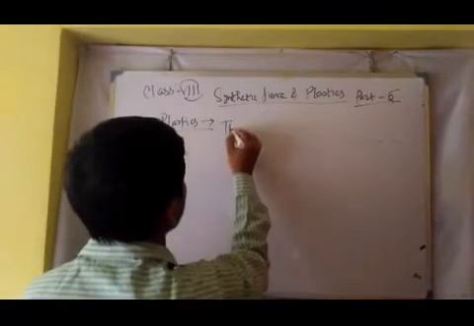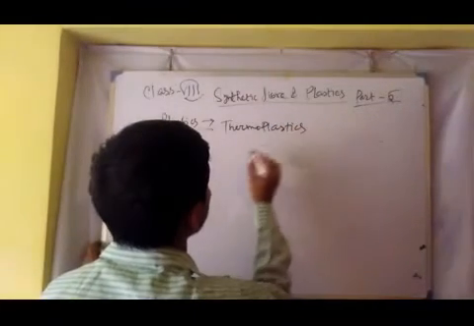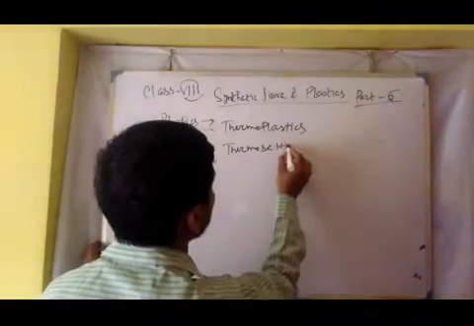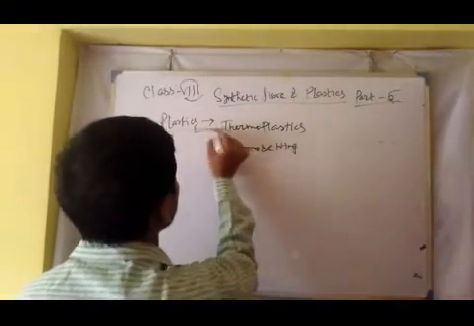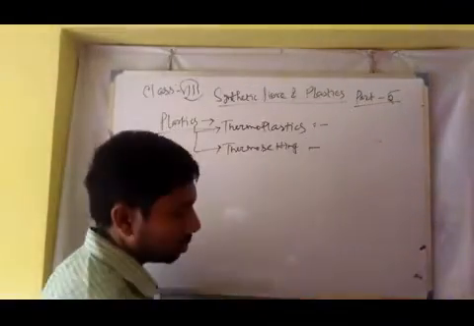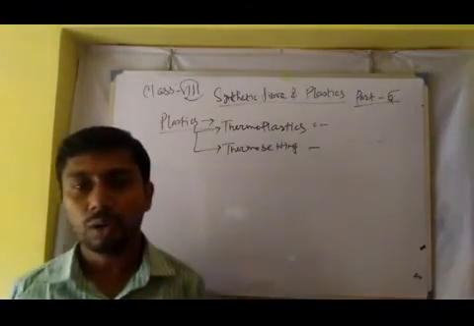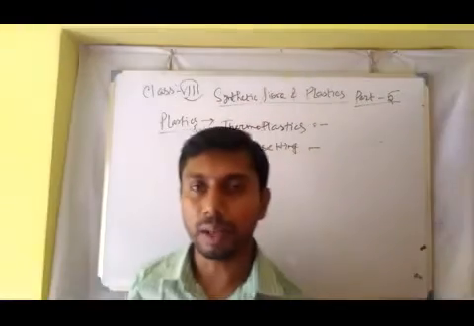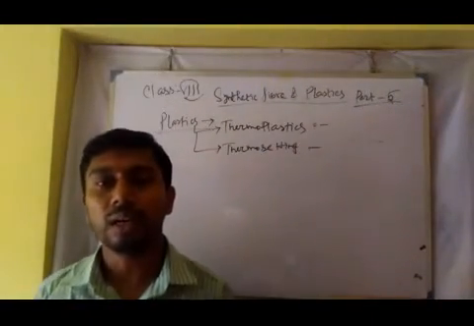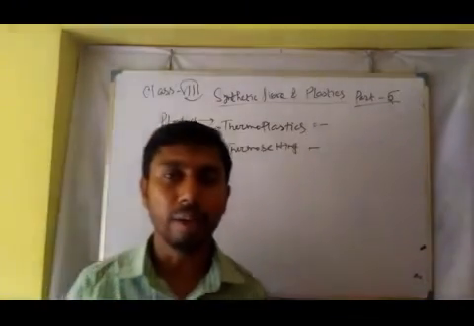Thermoplastics and thermosetting. On this basis we can differentiate between them. Now what are thermoplastics? Thermoplastics are plastics which can be molded again, that means they can be molded or bent by using heat as a parameter.